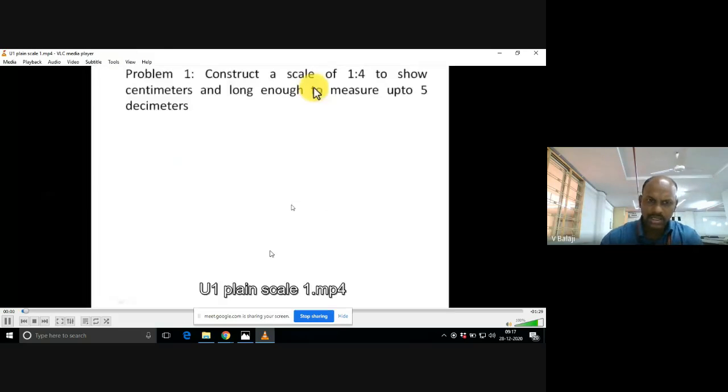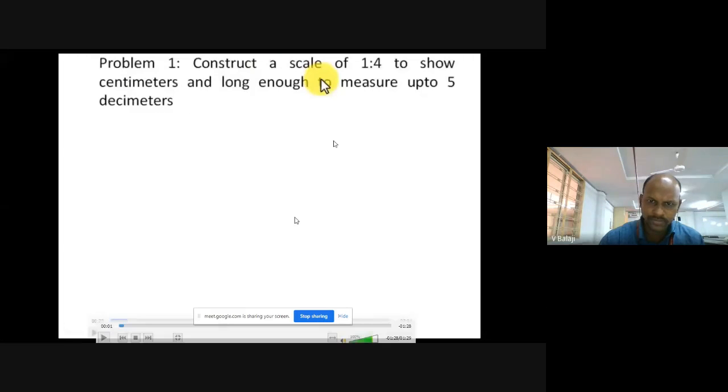Are you able to see the screen? Construct a scale of 1:4 to show centimeters and long enough to measure up to 5 decimeters. Are you able to see the problem? Yes, sir. You will find so many terms here.